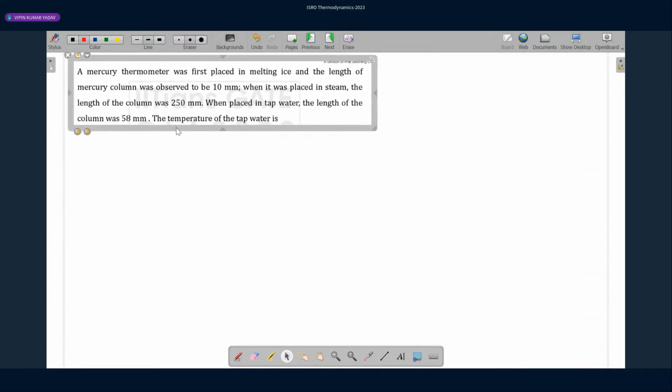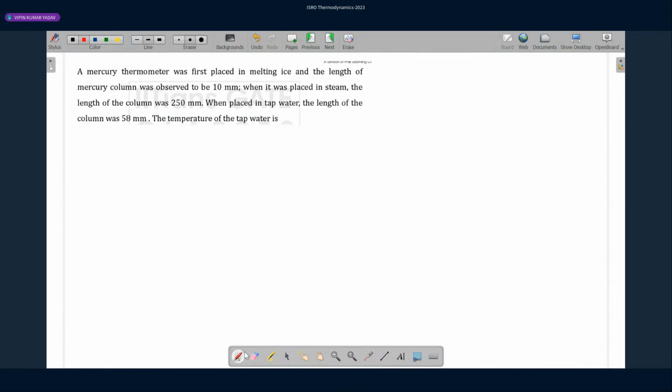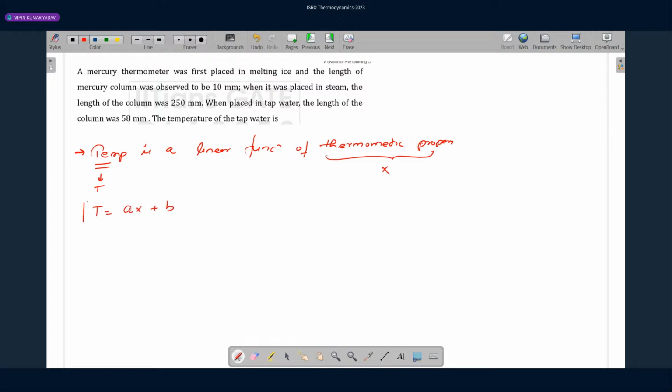First of all, we know one thing, that temperature is a linear function of the thermometric property. So let us say temperature is T and thermometric property is X. So I can say T is equal to some constant aX plus b.